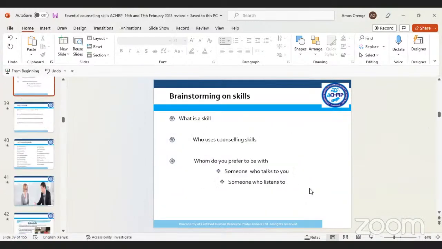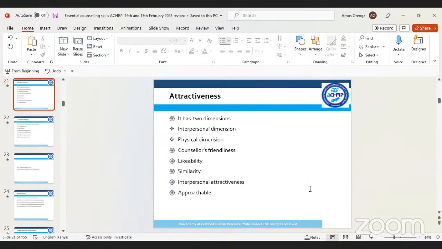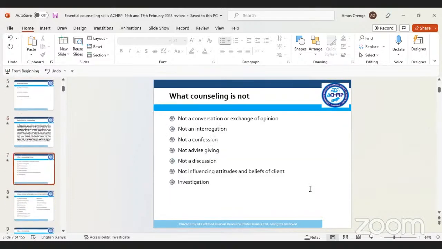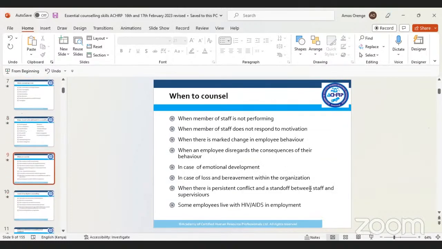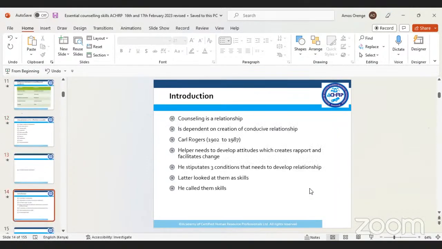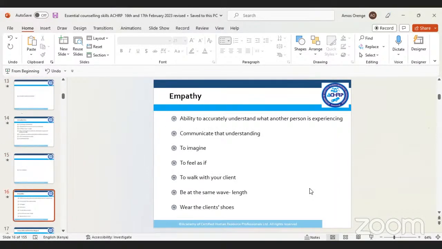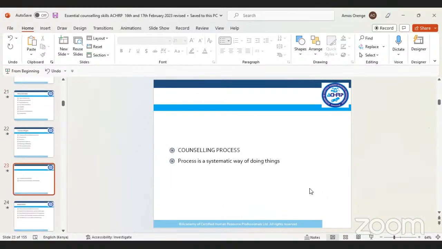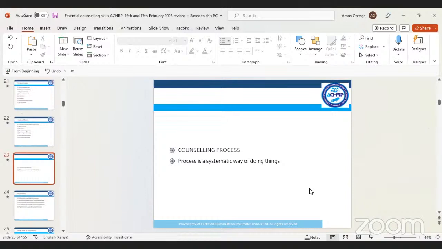So I want to go back to the counseling process, unless there's a question on skills. I know I've not covered all the skills, like the self-disclosure skill. Self-disclosure is when you are disclosing your personal experiences, which are similar to what your client has shared. As they're talking about an issue, you as a counselor have also gone through a similar issue.